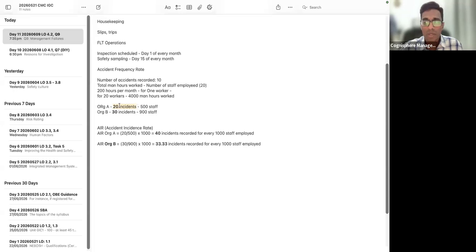With the raw data, we cannot do a direct comparison of the performance. Hence, we use different kinds of rates like incidence rate, accident frequency rate, accident ill health rate. Those are used to find at what rate something is happening, and with that we can compare the health and safety performance of the organization.